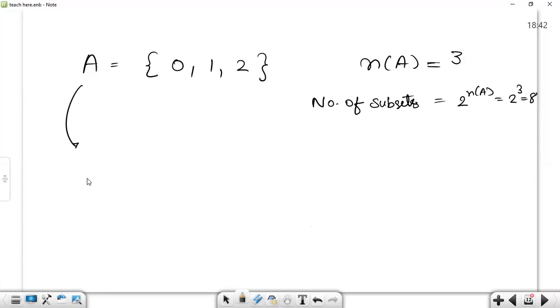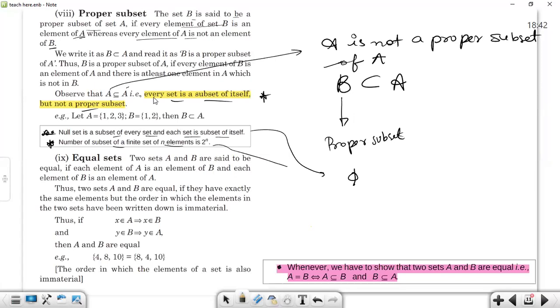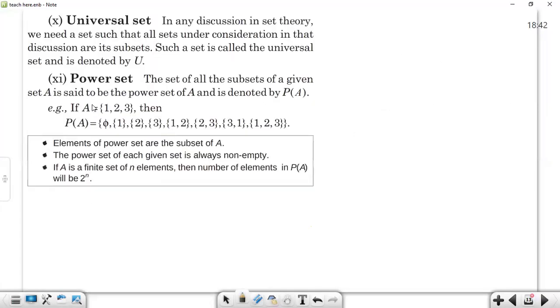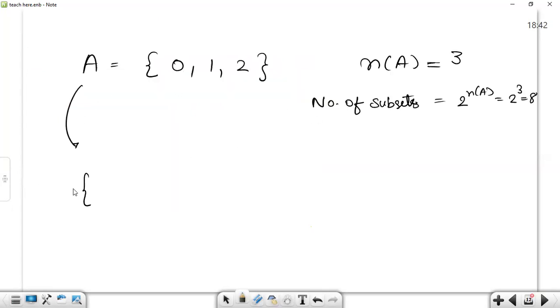Listing all the subsets, the set of all subsets is also known as the power set. The set of all the subsets of a given set is said to be the power set. So let's write it here. This is the power set of A because it will have all the subsets of this.